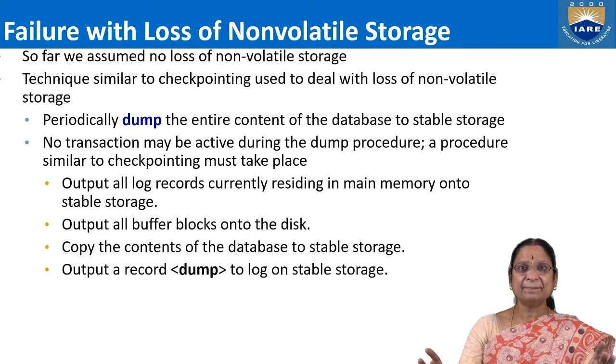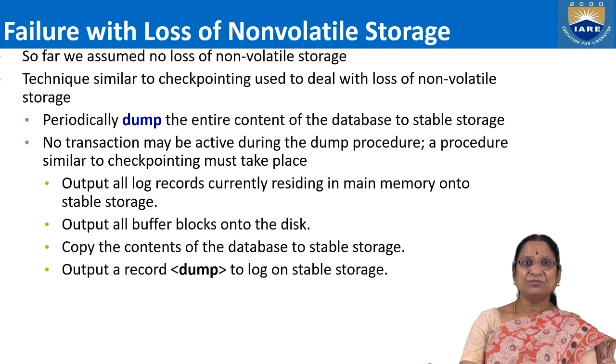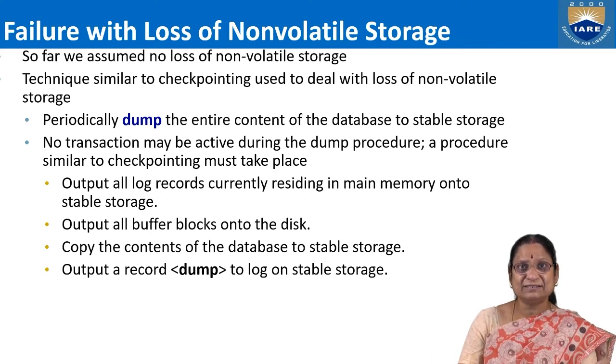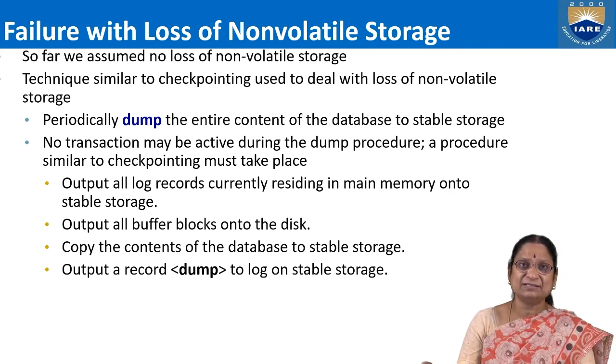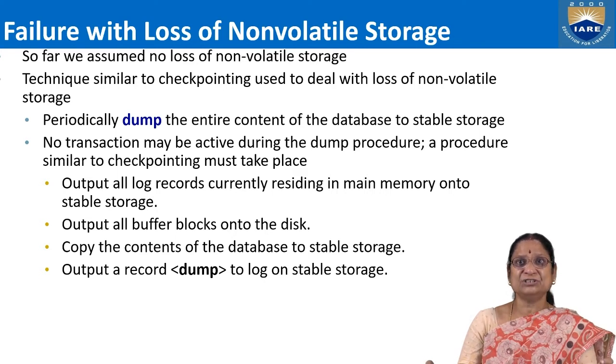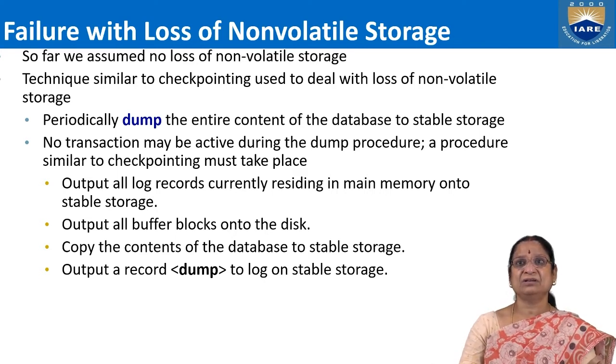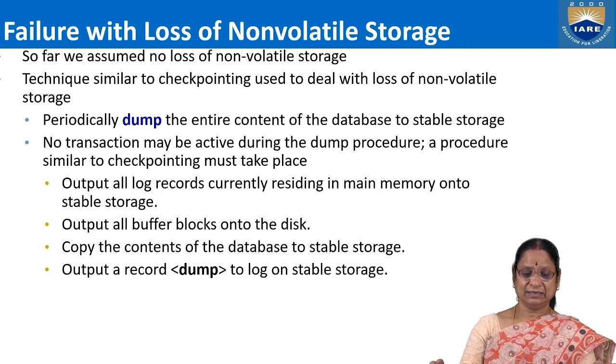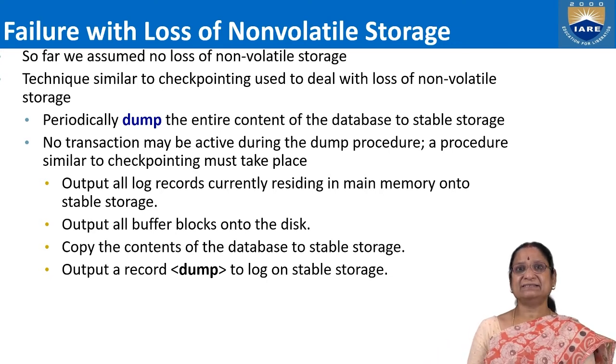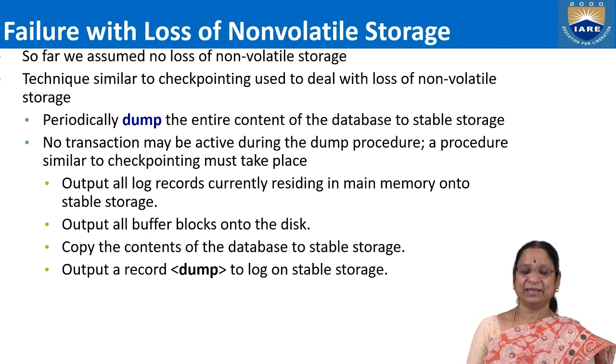But sometimes there may be failure in our secondary storage device also. If any failure occurs in the non-volatile storage, what happens? Various techniques similar to checkpointing are used to deal with the loss of non-volatile storage. Periodically, the entire content of the database is dumped to some stable storage, or backups are taken.